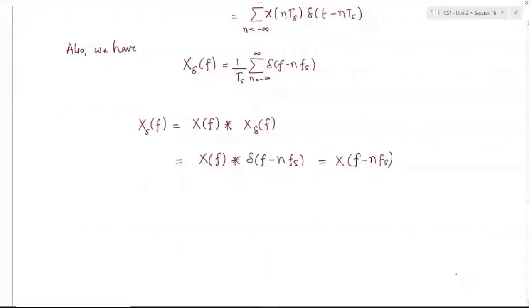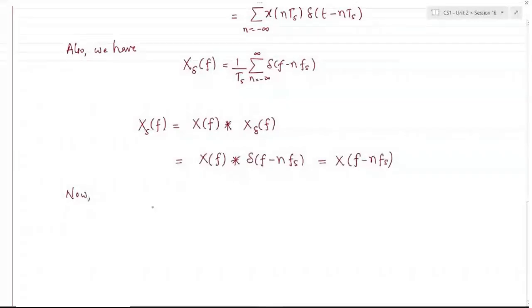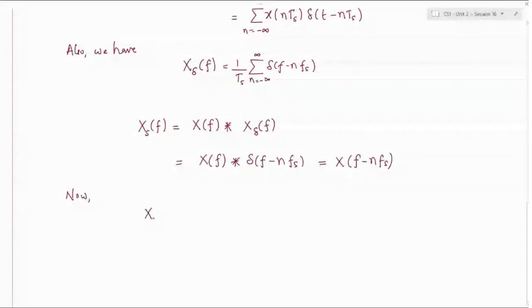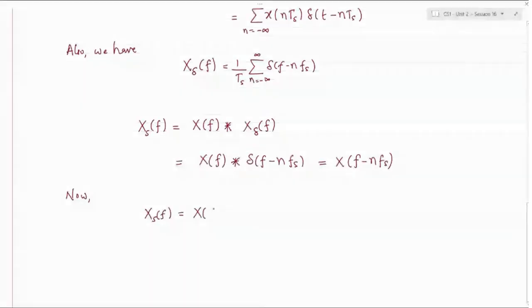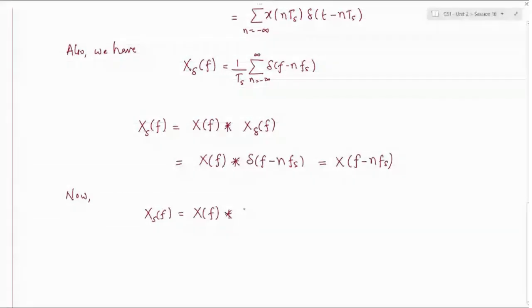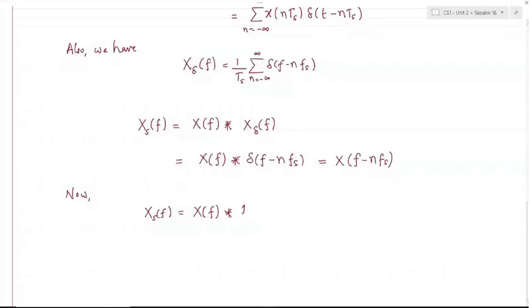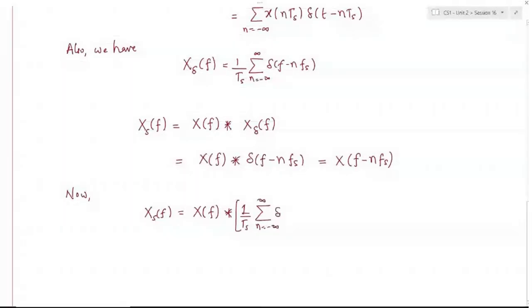Now we can easily see that xs of f is nothing but x of f convolved with the whole x delta of f, which is 1 over Ts summation from minus infinity to infinity of delta of f minus nfs.